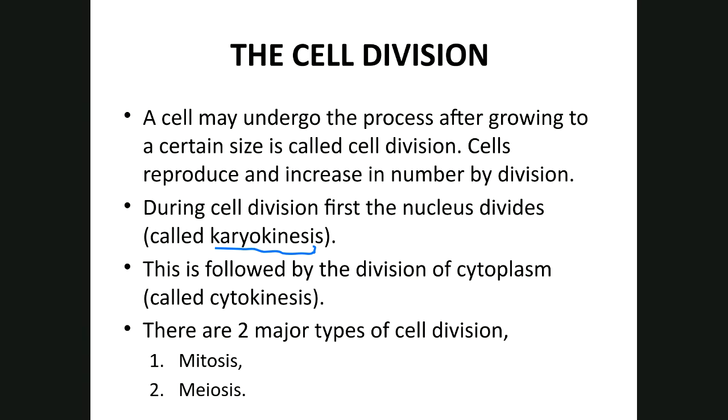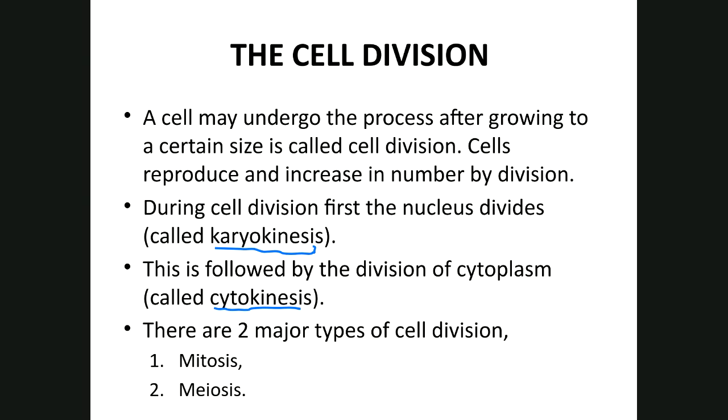Then the cell divides into two halves. The division of the cell is known as cytokinesis, in which the cytoplasm divides the cell into two halves. Cytoplasm divides by the process of cytokinesis and the nucleus divides by the process of karyokinesis.